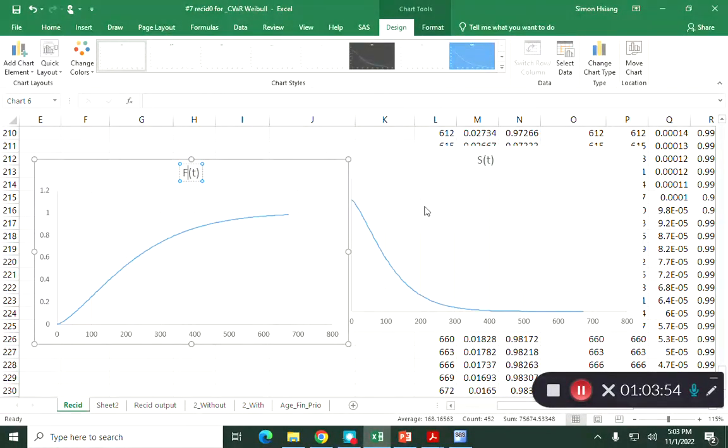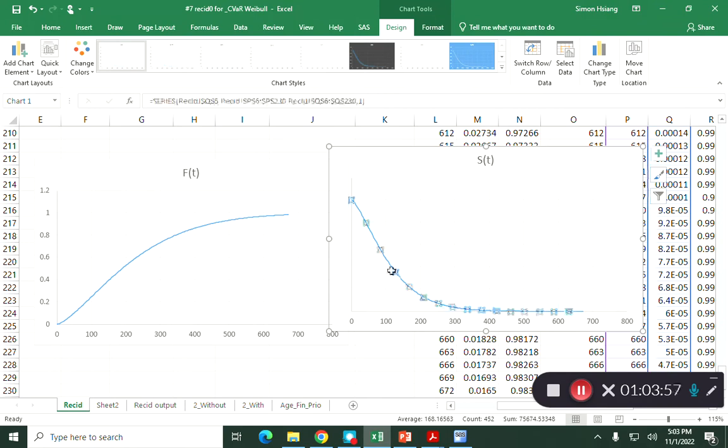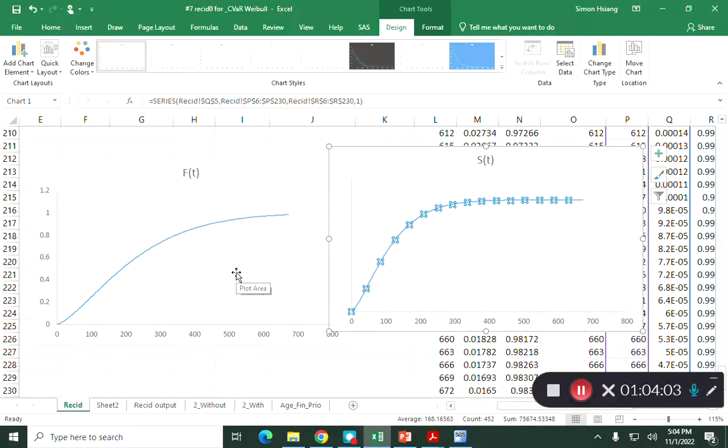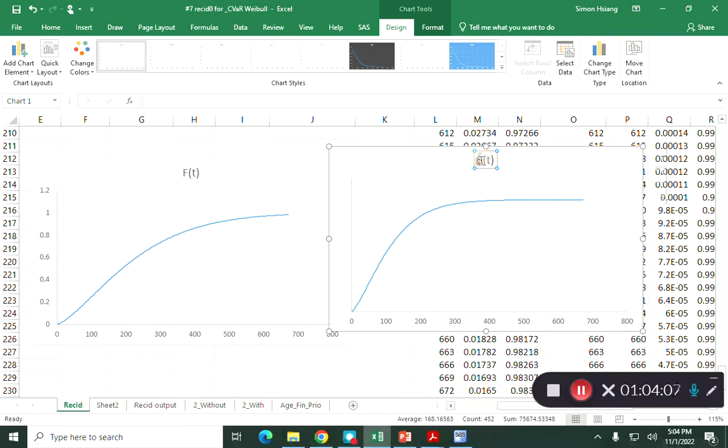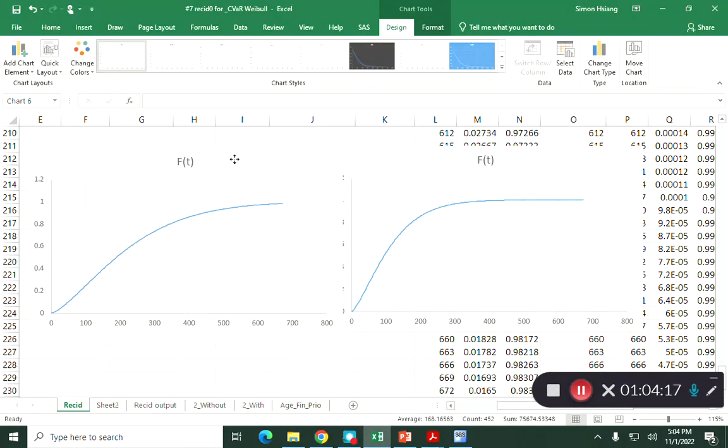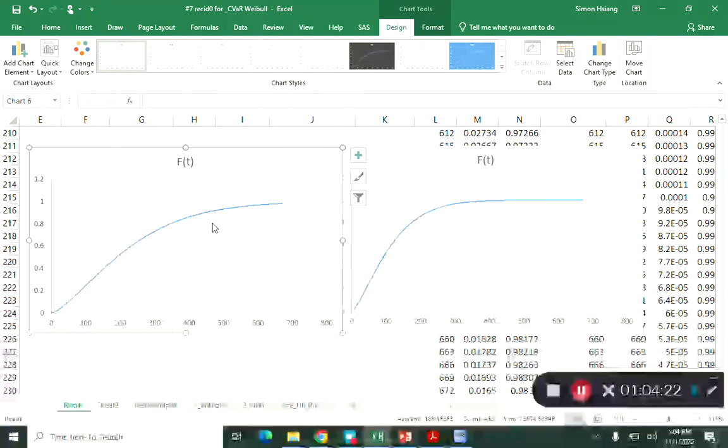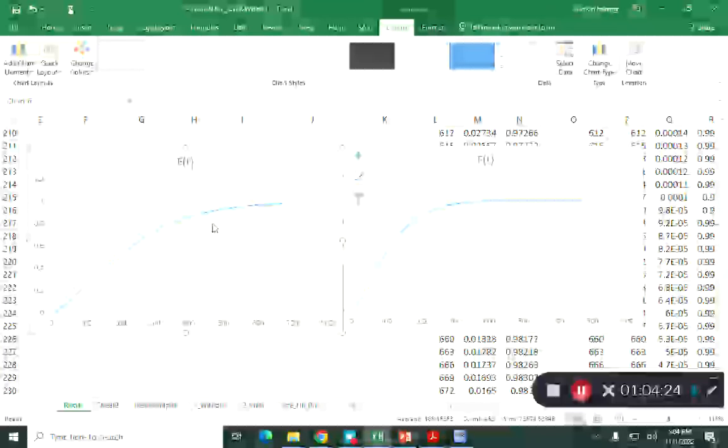Okay, but if you compare this FT with this FT, immediately, what did you see? Does our subject survive a little better than the baseline or worse than the baseline?